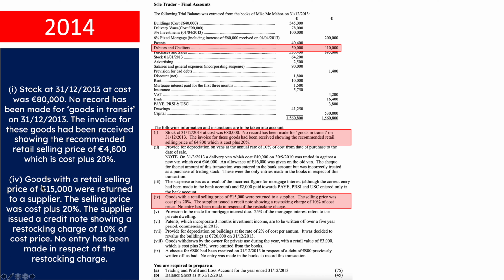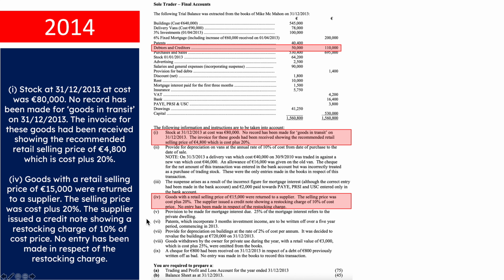Note 4 then, goods with a retail selling price of €15,000 were returned to a supplier. The selling price was cost plus 20%. The supplier issued a credit note showing a restocking charge of 10% of cost price. No entry has been made in respect of the restocking charge.